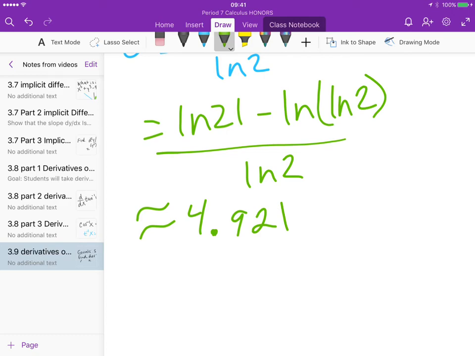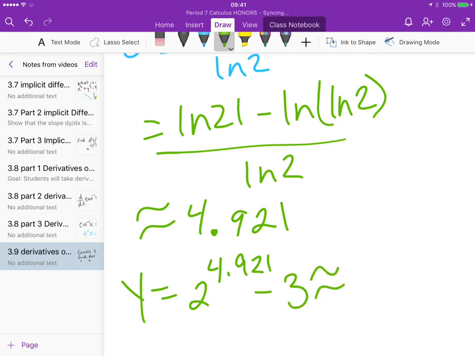But what is y when t is 4.921? Well, y is equal to 2 to the 4.921 power minus 3, which in this case, roughly, put it in your calculator, comes out to be about 27.297.